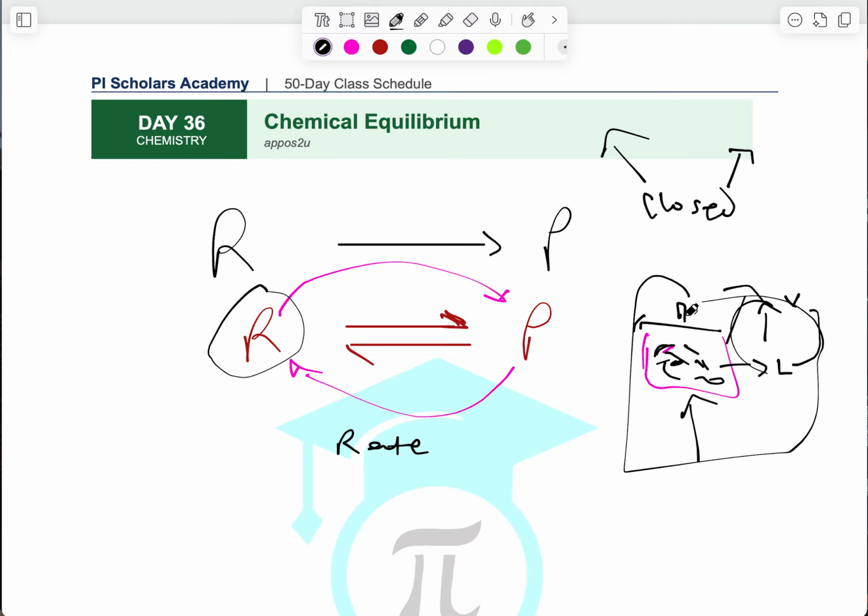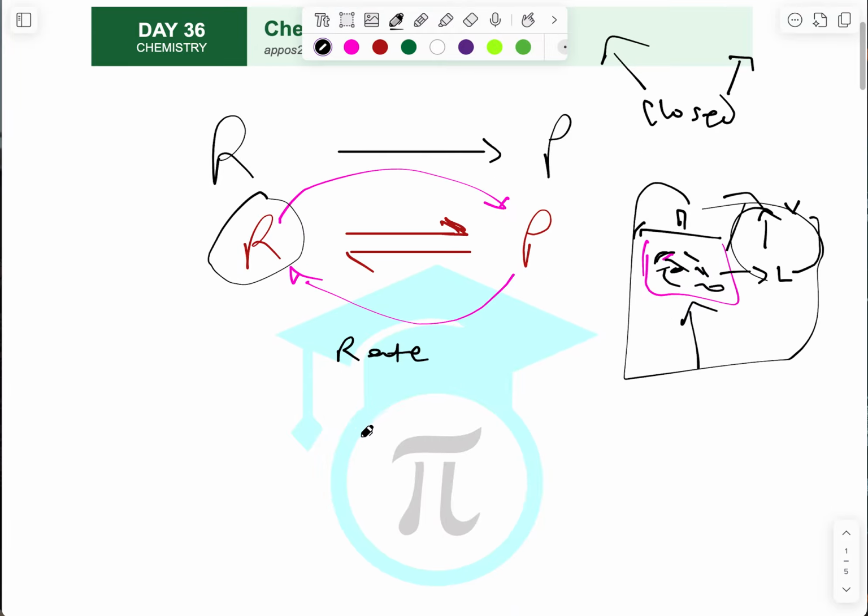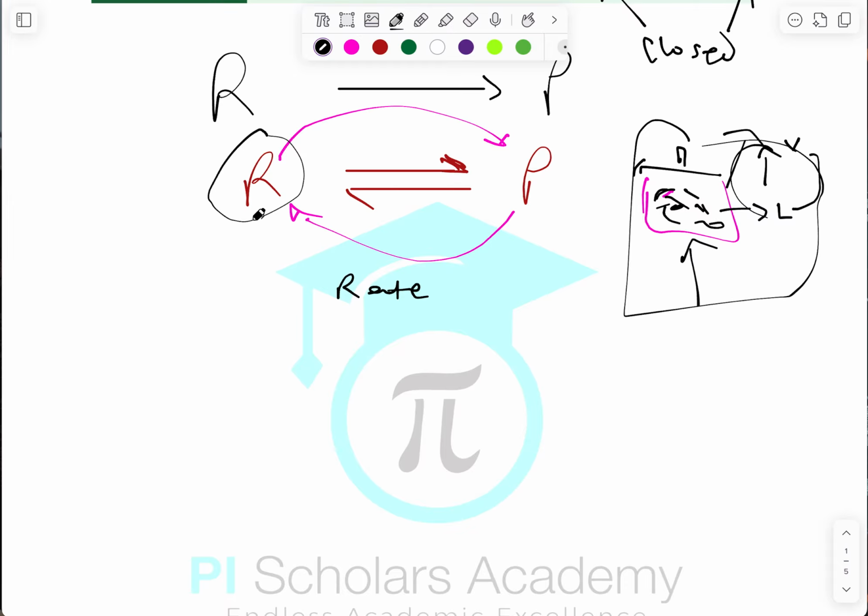If a system has reached equilibrium, and this is at a certain level of concentration and this is at a certain level of concentration, then this concentration will never change. If this concentration is A and this is B, you cannot have A plus 1 or A minus 1, or B minus 1 or B plus 1. It remains like that. Now, does it mean that A is equal to B? No. It does not necessarily mean that A is the same thing as B.